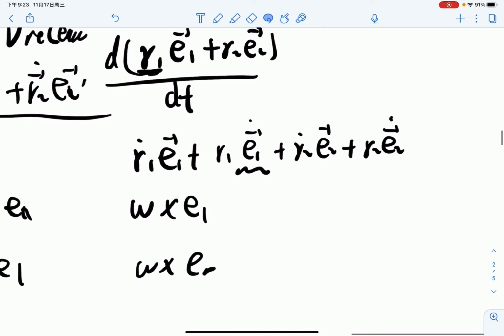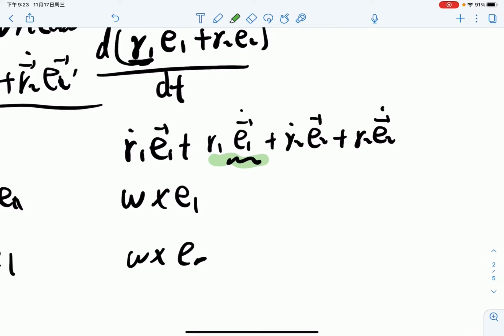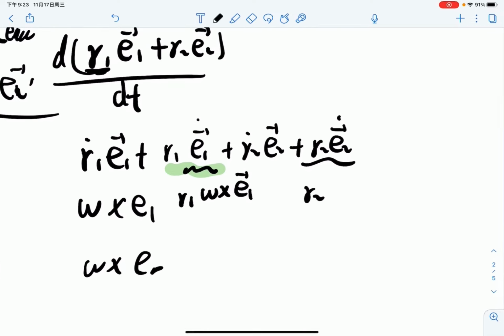So basically, this term is equal to R1 omega cross E1, and this term is R2 times omega cross E2.